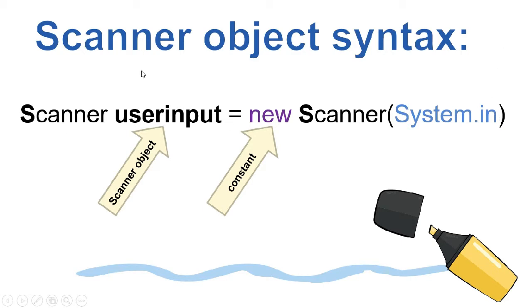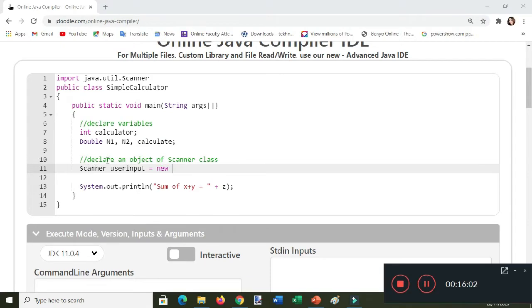This syntax allows the user to input something. So to declare an object of the Scanner class, write Scanner with an uppercase S, then space userInput. Here, you can write any word that stands for the scanner object.